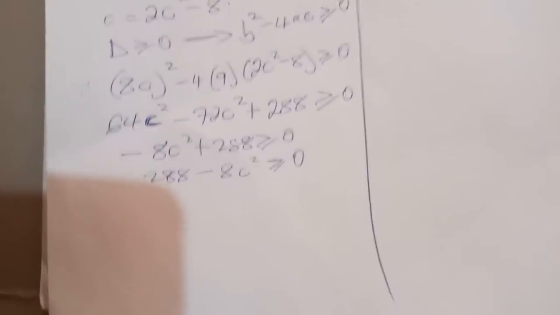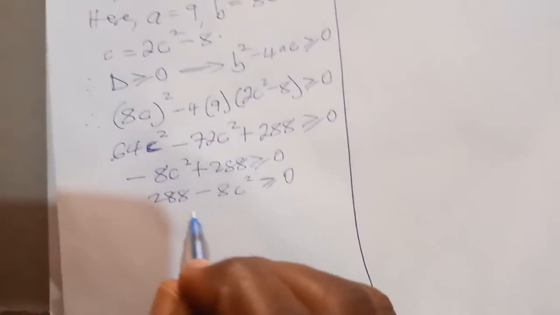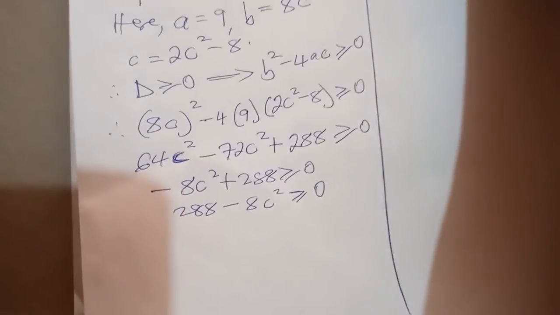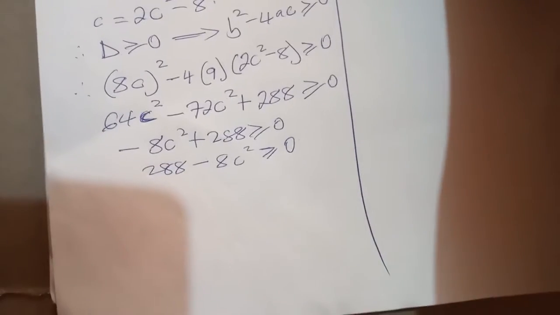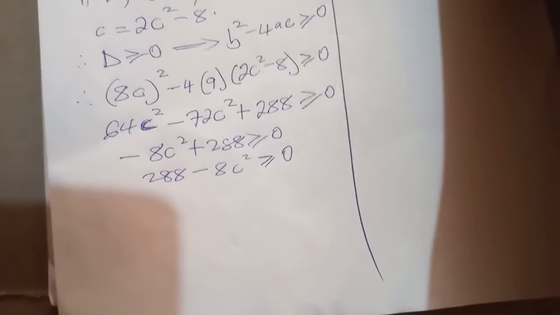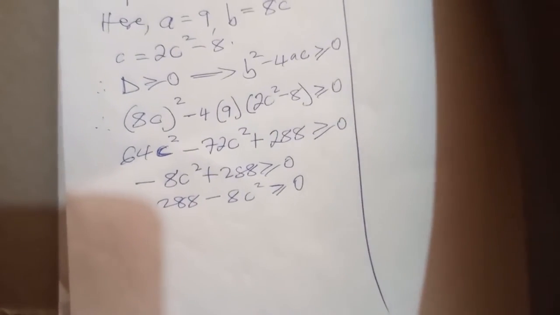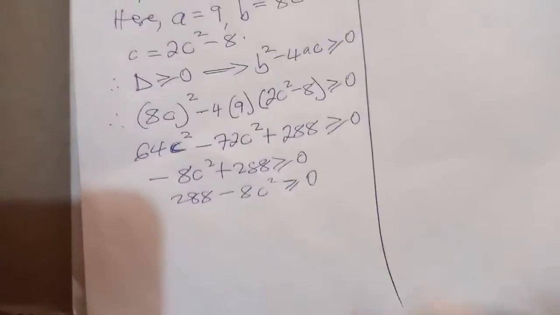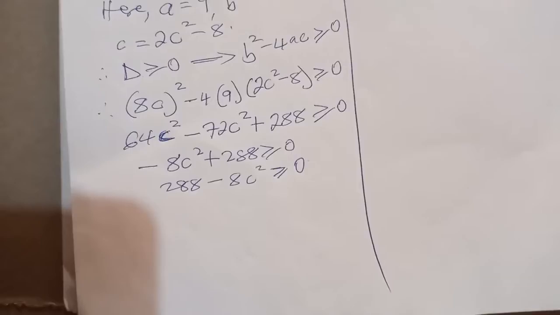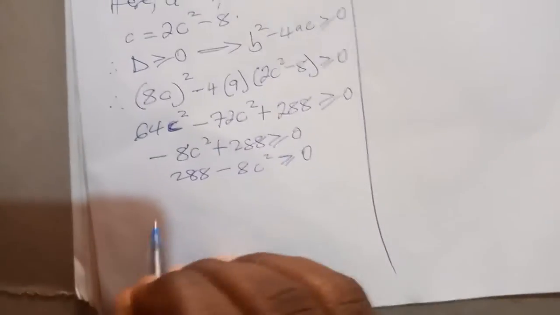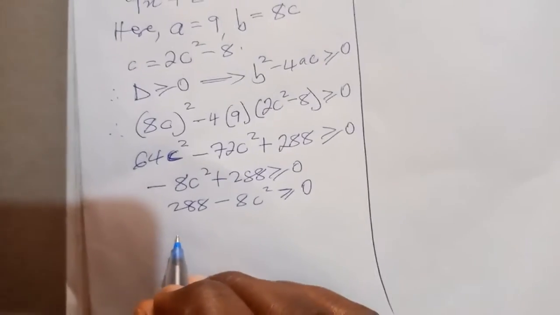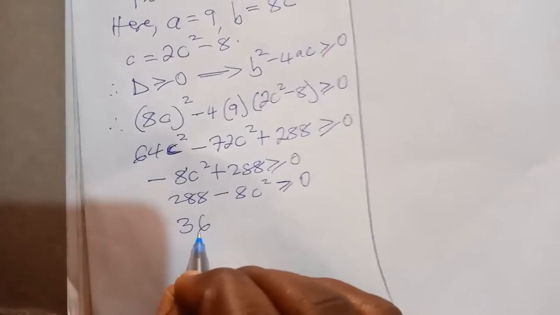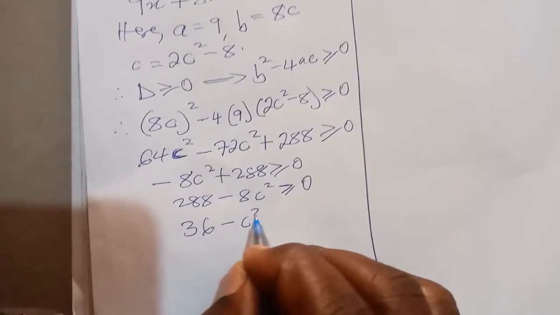What's the next thing to do? Can 8 go into 288? Yes. So let me divide through by 8. It should be 36 minus c squared greater than or equal to 0.